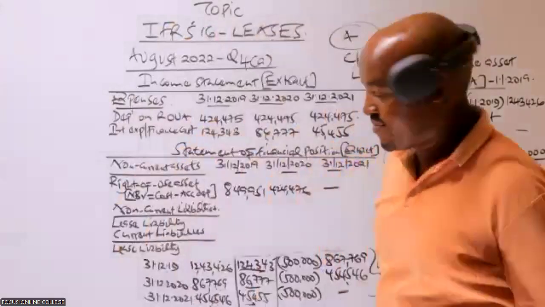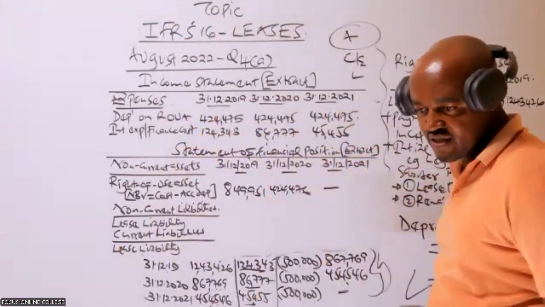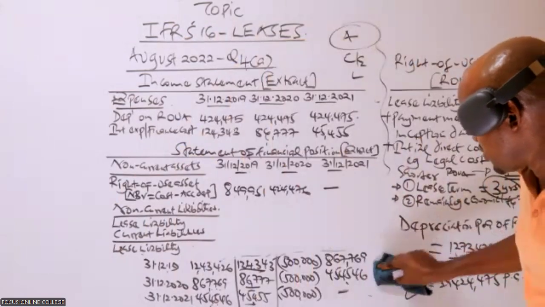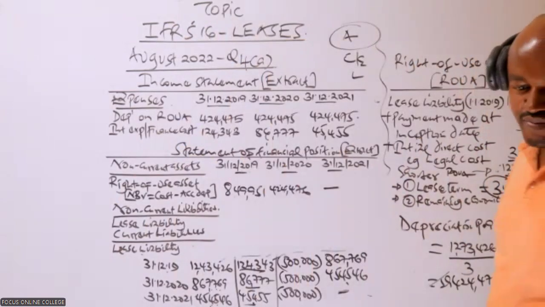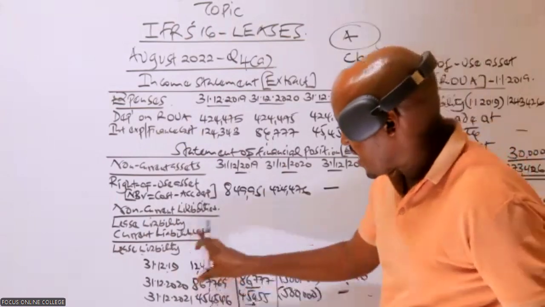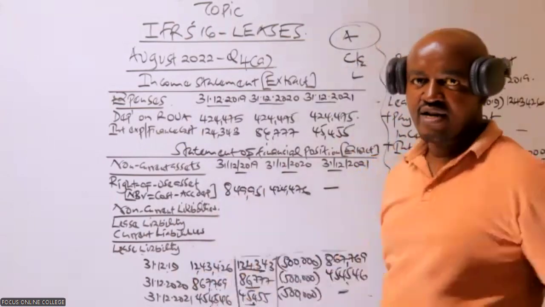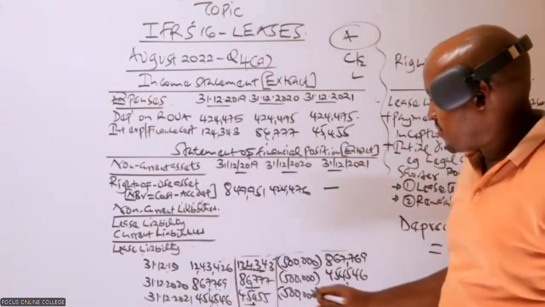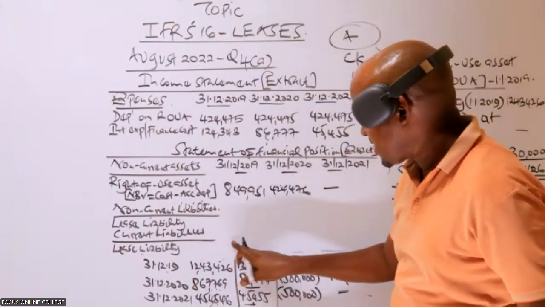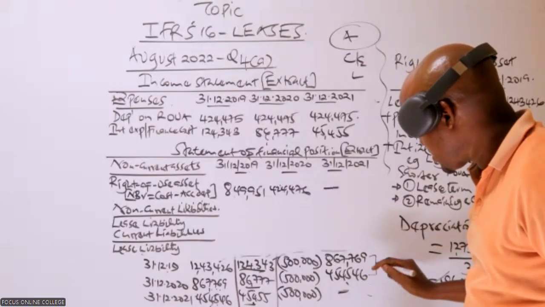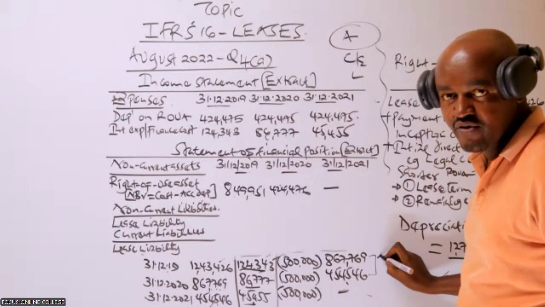I hope you're together here because this one is a little bit tricky. You need to be very, very keen. You need to pay a lot of attention here for you to understand how we split this. Now, I've said a current liability is a liability payable within 1 year. Sasa? Yes. So in terms of how we determine the amount to be recognized here as a current liability, we get the difference between these two, because this is the lease liability at the end of year 1.